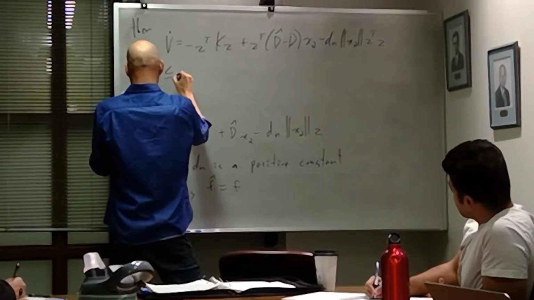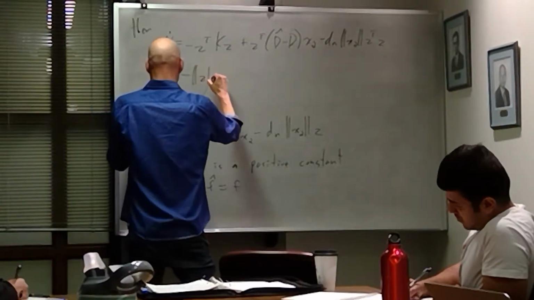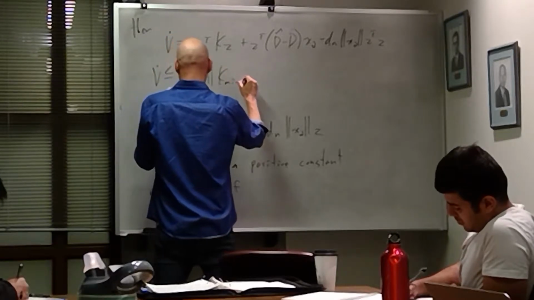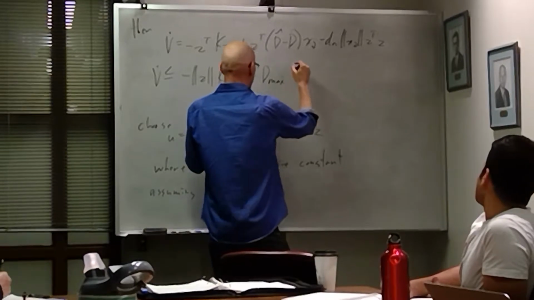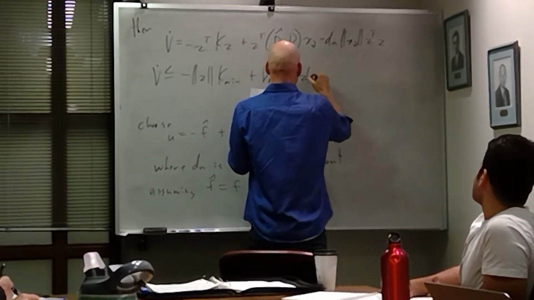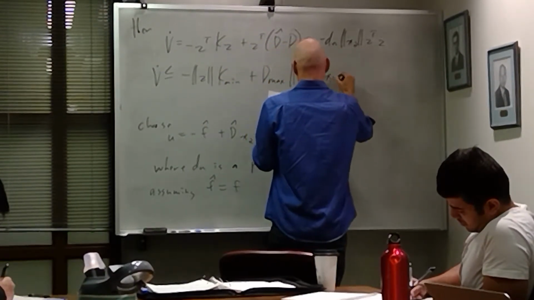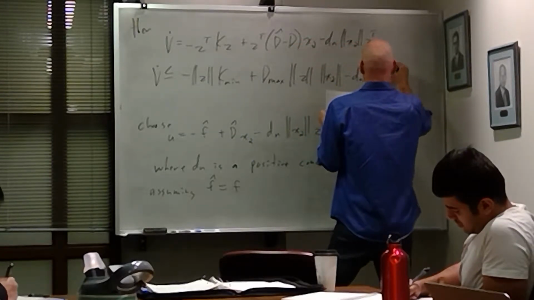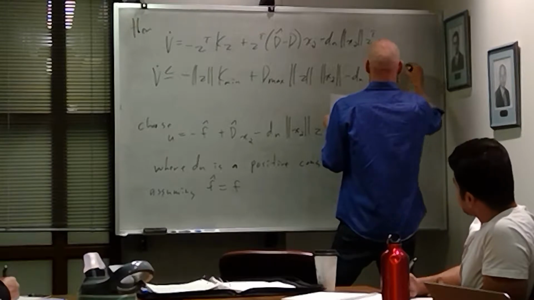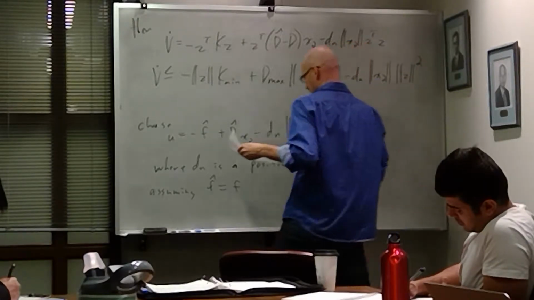So V dot is less than or equal to negative k min, the minimum eigenvalue of K, or the smallest gain in the diagonal K matrix, times the norm of z squared, plus the norm of z times the norm of x2 times d max minus dn times the norm of x2 times the norm of z squared.